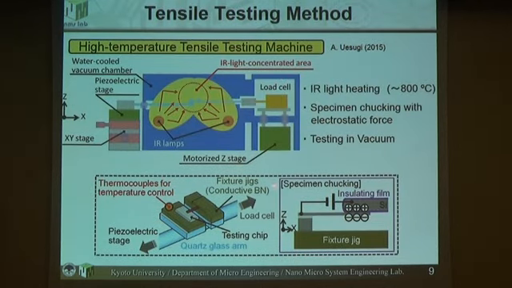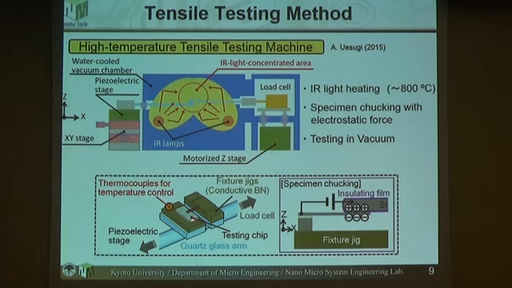For the testing method, we have been employing the electrostatic grip that I myself developed. The free end of the specimen is fixed with electrostatic force, so it's easy to control the fixture clamping, and we can use this method even at high temperature. In order to heat the specimen, we use an IR heating furnace in vacuum.